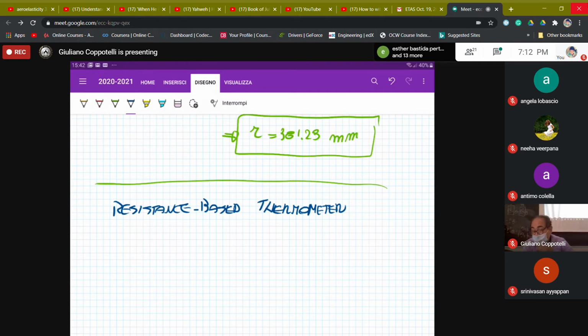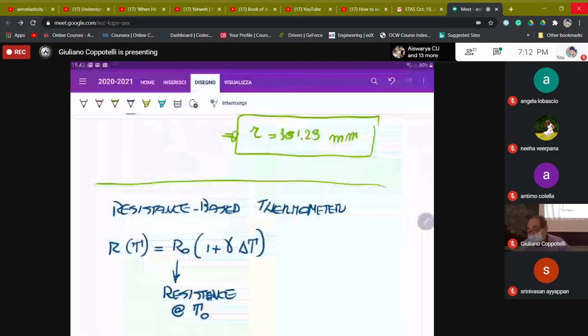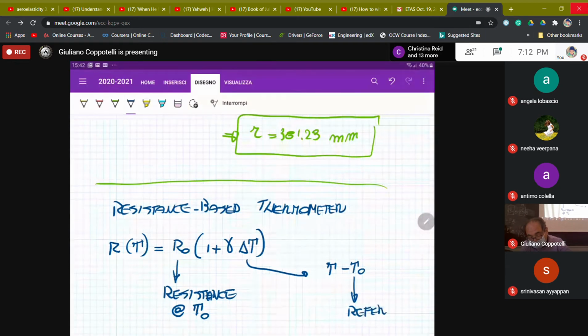Okay, if you remember, we already used this relation, in which R0 is the resistance at the reference temperature, delta T is T minus T0, in which T0 is the reference temperature.